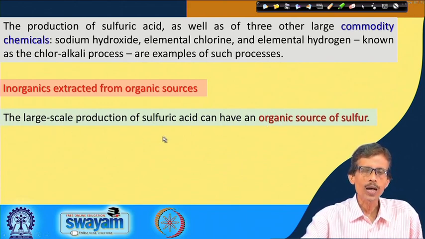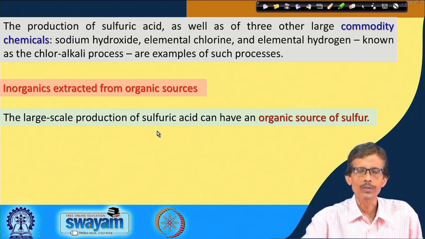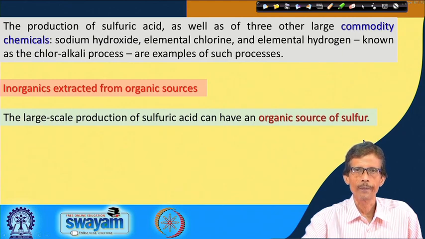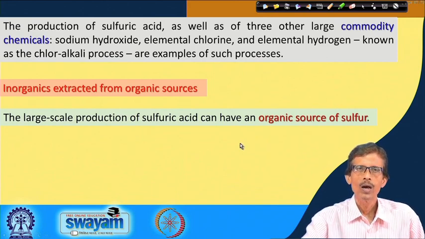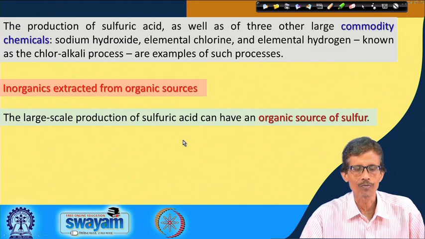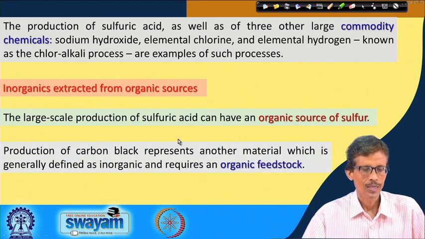For large scale production of sulfuric acid, we need a good source of sulfur in our hand. We can have different organic sources of sulfur also, that means sulfur bearing organic compounds, the organic sulfur compounds. From there we can also make the corresponding sulfates or sulfuric acids.